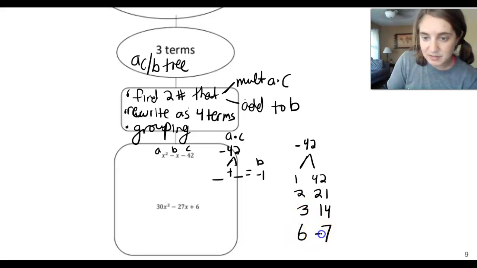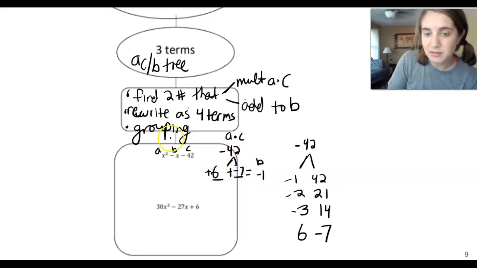So I can make my 7 negative. It doesn't matter, I just need to make one of them negative to get it to be negative 42. So I'd have positive 6 minus 7. So I have x squared plus 6x minus 7x minus 42.